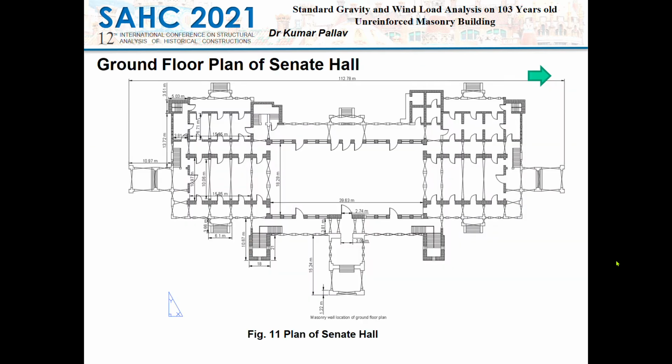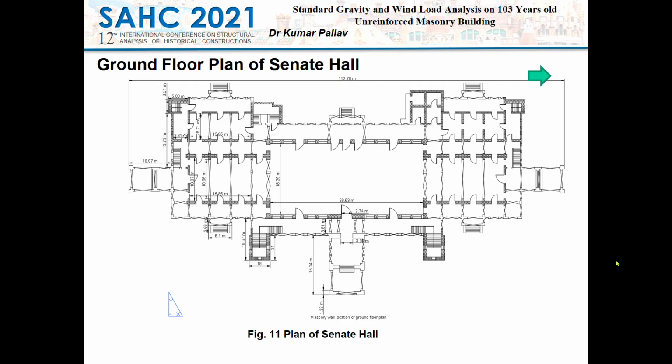Further, the ground floor plan has been prepared using the map and the drawings which were provided by the authorities. The overall length of this Senate Hall building is around 130 meters, and the width is approximately 38 meters.